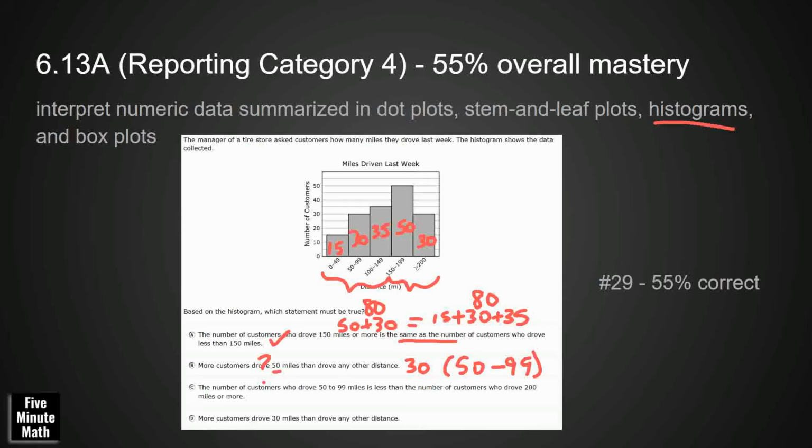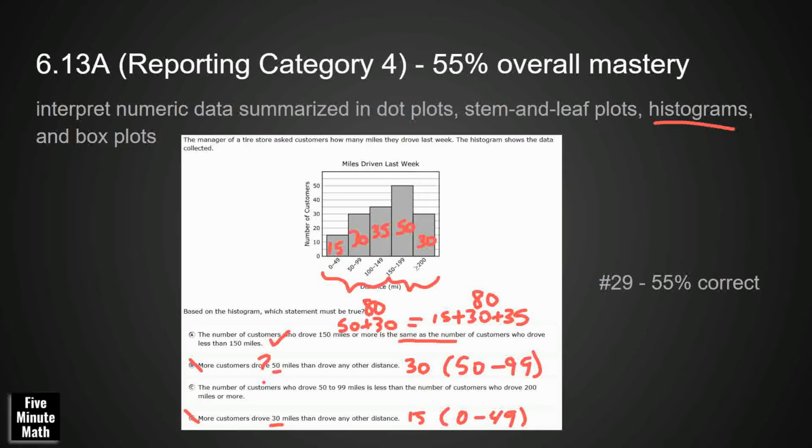Same thing with D. More customers drove 30. I don't know how many people drove 30. I don't know how many people drove 50. The 30 is sitting in between the 0 to 49, but I literally could have 0 people driving 50 miles. All 30 of them could have been 51 to 99, right? I could have had 15 people all driving 6 miles and would have sit within this range, and none of them would have driven 30. So you can't really evaluate B and D.